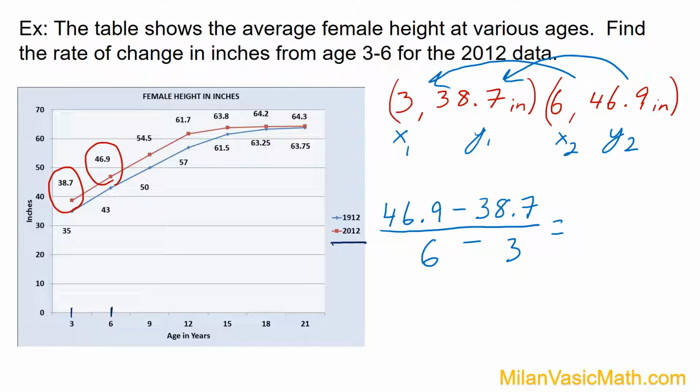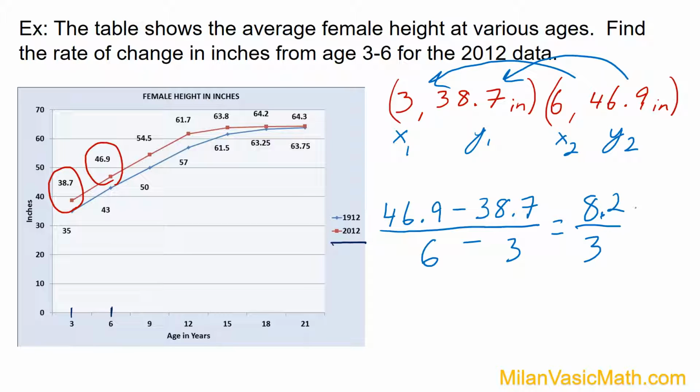All right, challenge yourself and do 46.9 minus 38.7 without a calculator, or even try to do it mentally. See if you could count backwards to get the correct answer. All right, take a moment here. We could go ahead and do the easy part. 6 minus 3 is 3. And for the numerator, we have 8.2.